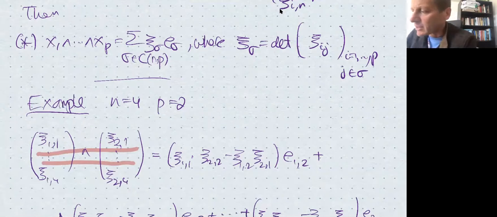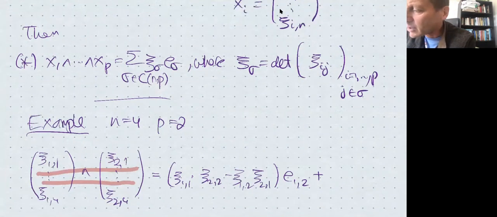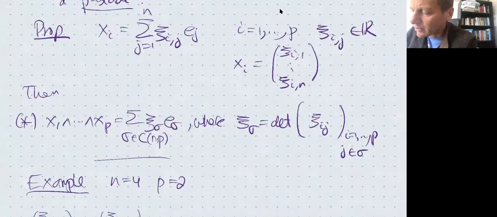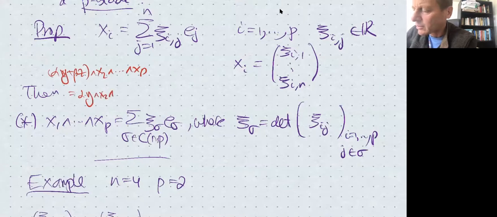Let me write it in color, and then I'll erase it. If we do alpha y plus beta z wedge x2 wedge xp, this is alpha y wedge x2 wedge xp plus beta z wedge x2 wedge xp.